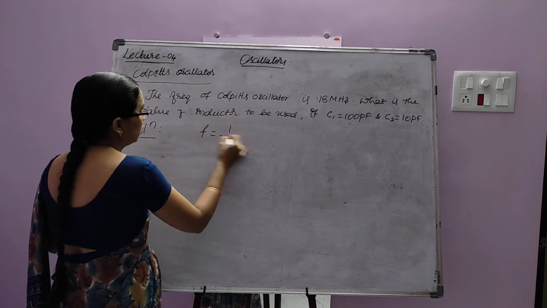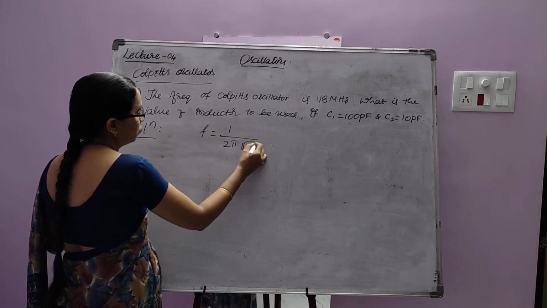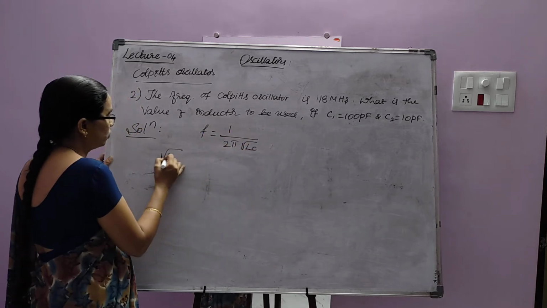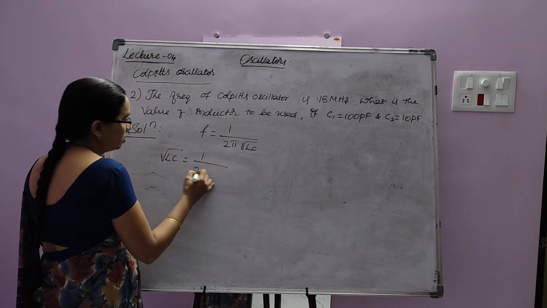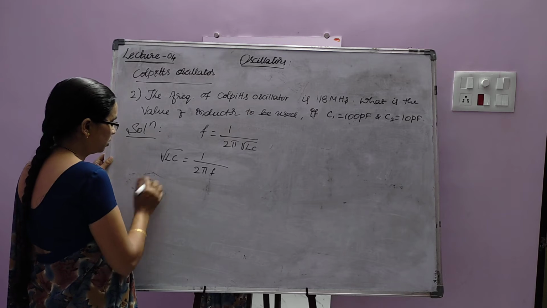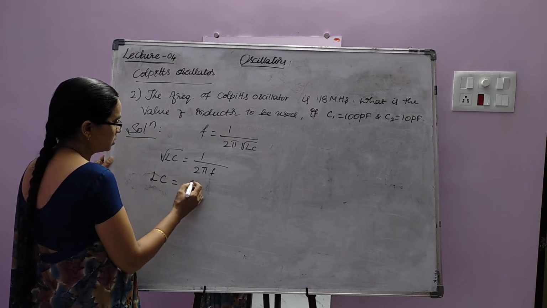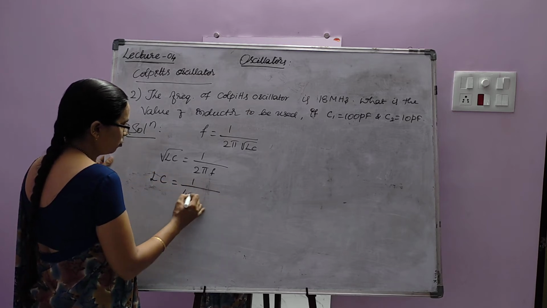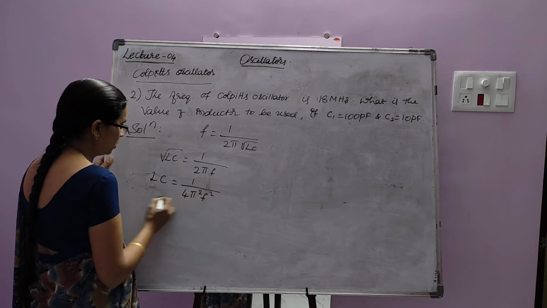So the same formula, 1 by 2 pi root LC. Root LC can be written as 1 by 2 pi f. If I remove the square root, LC is equal to 1 by 4 pi square f square.